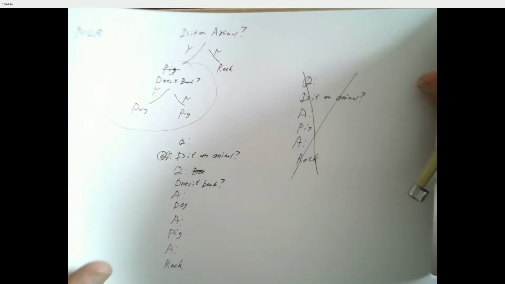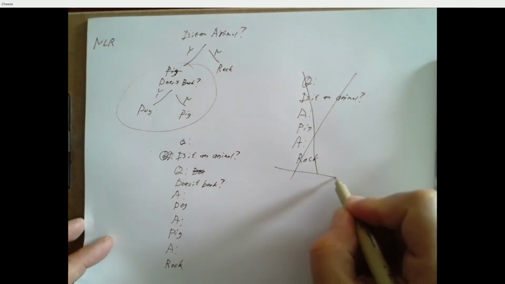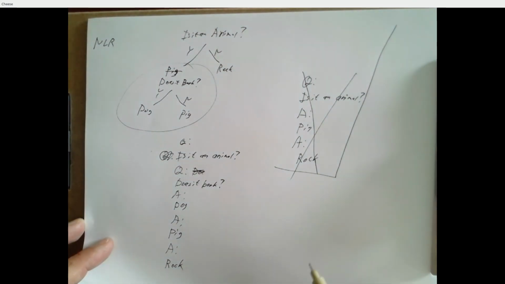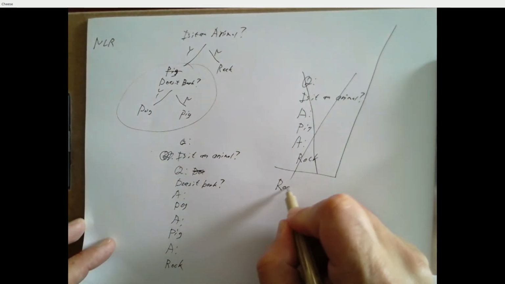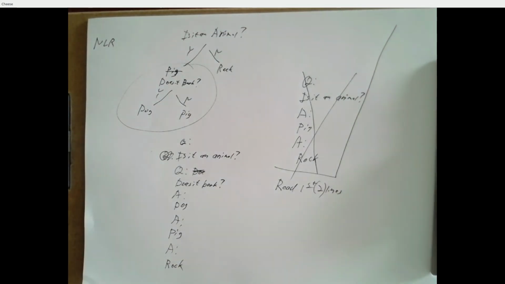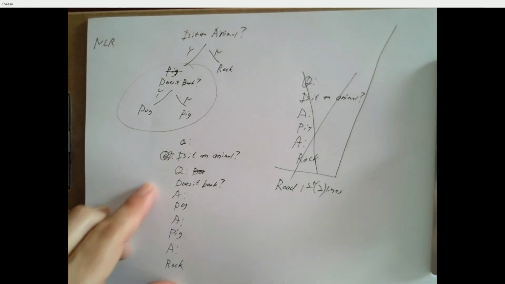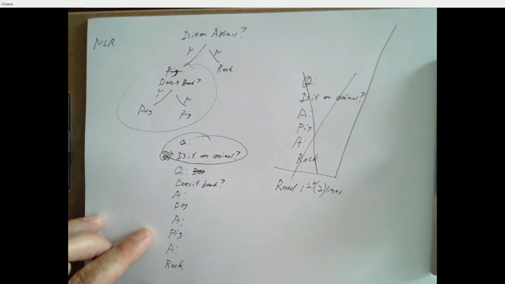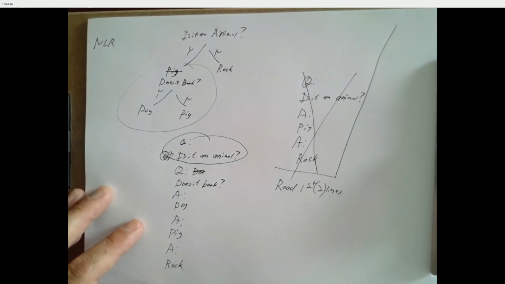So let's see if I can get this right first try. Sometimes that happens, sometimes not. So, read the first 2 lines. We could think of it logically as 1 line, a question or an answer. Read the first 2 lines of the file. That's the question, is it an animal?